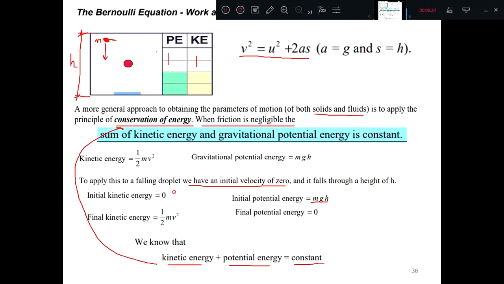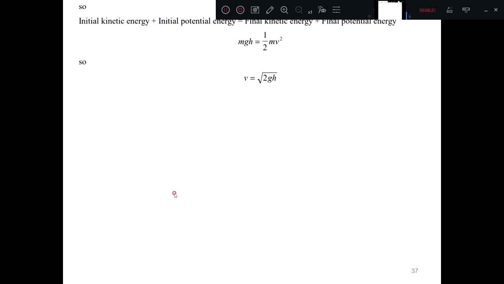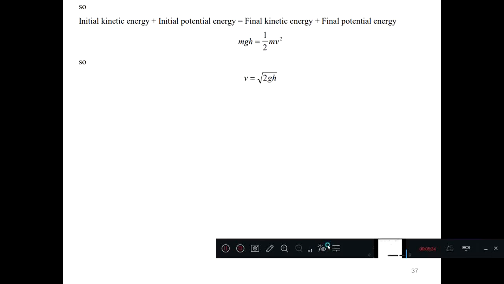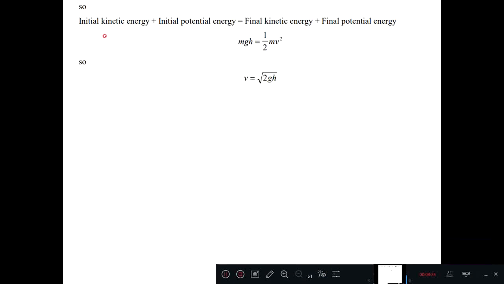Next, we can write that initial kinetic energy plus initial potential energy is equal to final kinetic energy plus final potential energy.